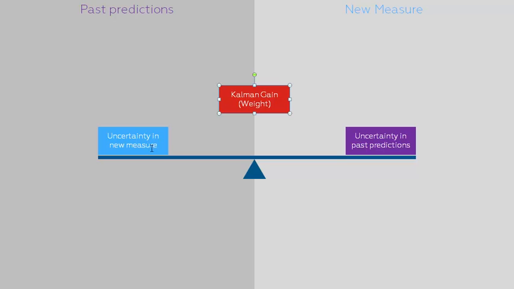Based on the uncertainty in the new measurement and the uncertainty of our past predictions, the Kalman filter algorithm shifts the balance to one side or the other. It's not going to be completely based on past predictions or completely based on the new measurement. It's going to be a balance.